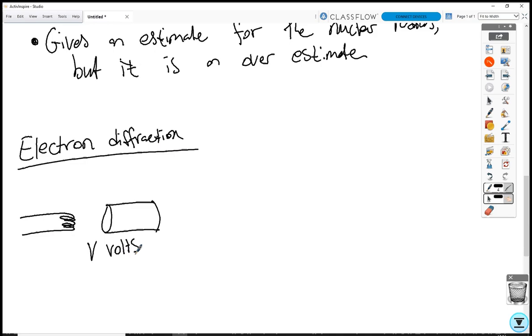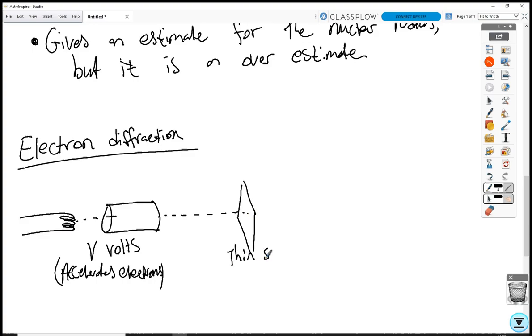So the potential difference accelerates the electrons, where the energy is equal to QV. So these electrons then strike a thin sample, and then at the end they strike a screen.